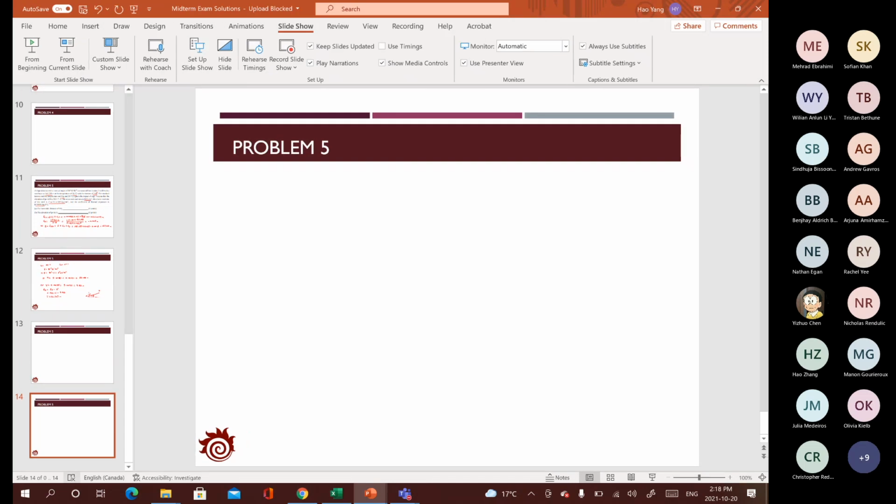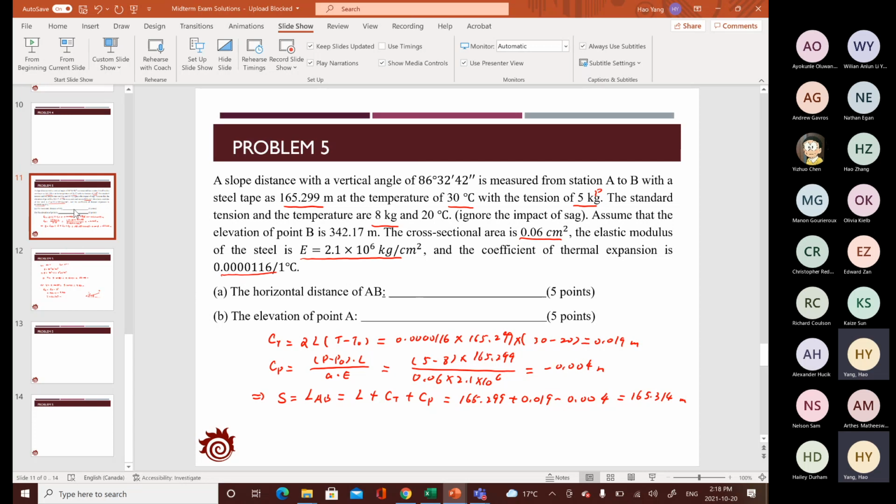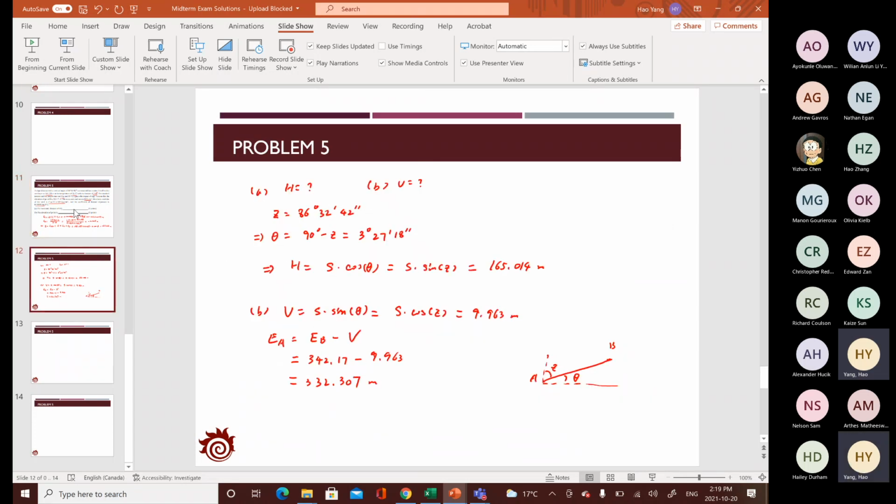We will not apply any penalty for that. But you need to find the right value of the elevation. Make sure that the elevation of point A is smaller than point B. That's from the definition of the vertical angle.